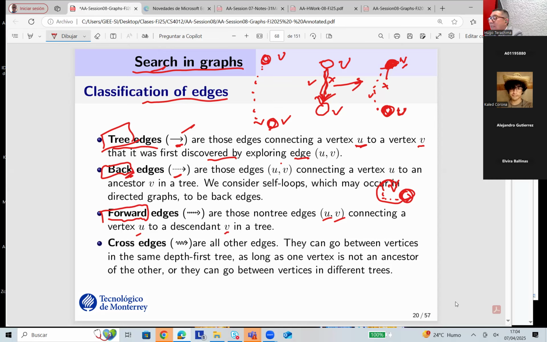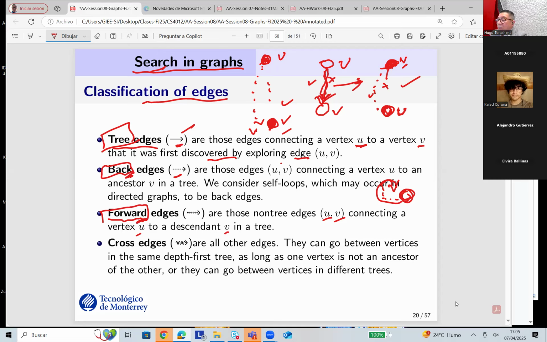A descendant means that it's forward in the tree. It's not backward in the tree like this one is. This is forward in the tree, and it was discovered before, but this one later connects this node U to this node B. So these are forward edges.